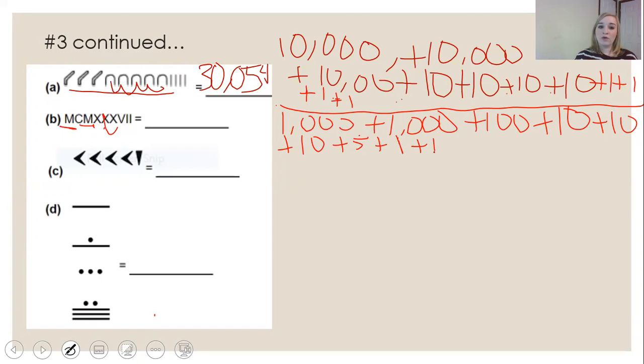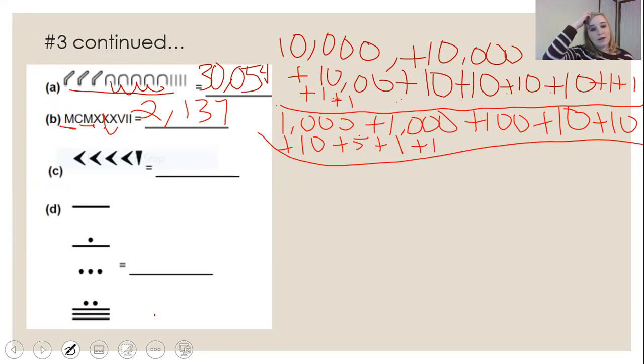And once you add all that up, you are going to get 2,137. So that's a pretty big number too. But again, this is just teaching us how to look at a symbol and look at our chart and refer back to it and be able to add all these numbers correctly.